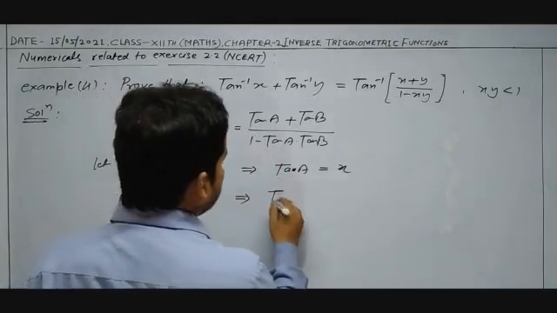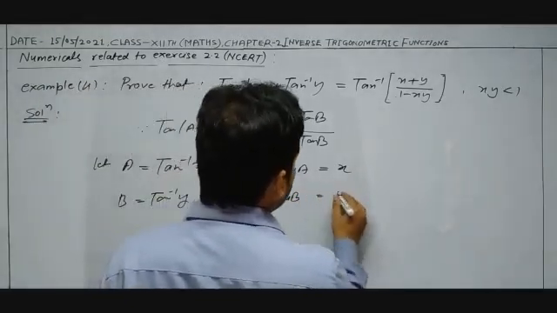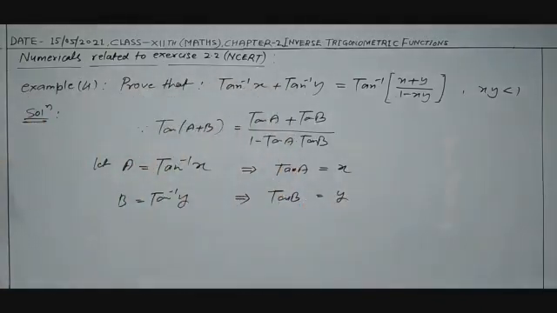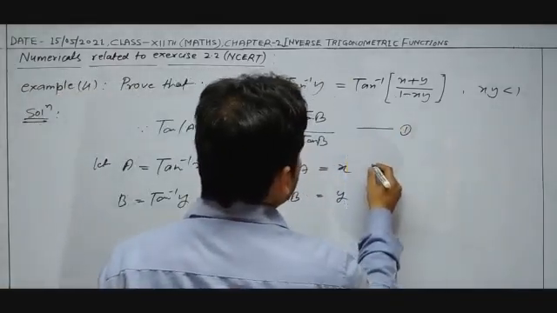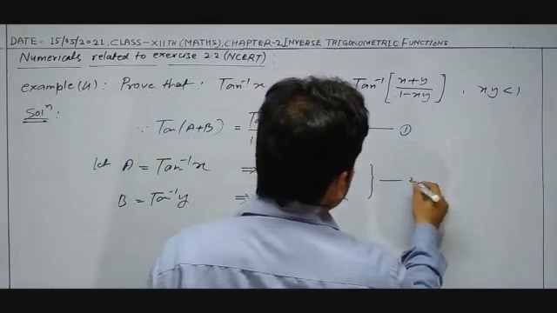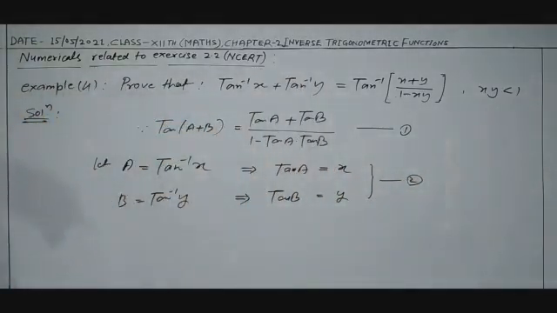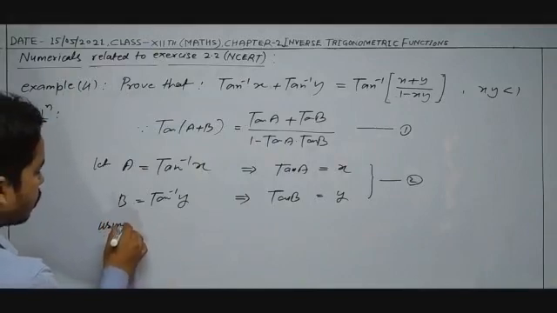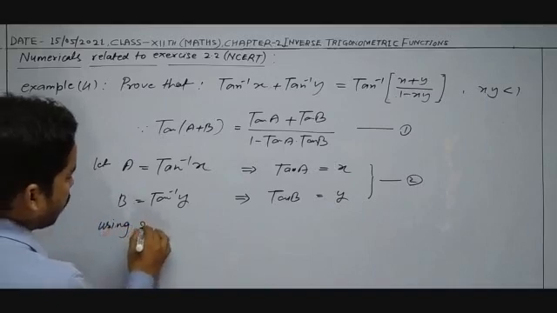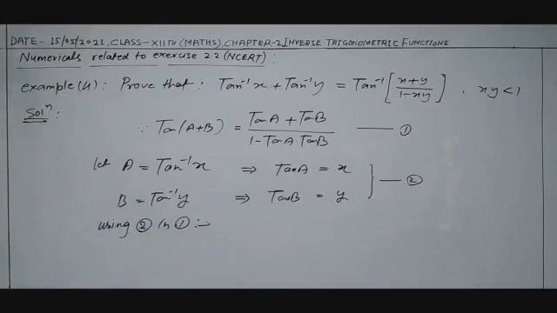This implies tan b is equal to y. So consider equation 1, this is the formula, and consider this is equation 2. Using 2 in 1, what will you get as the result?